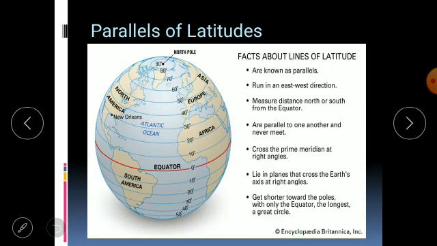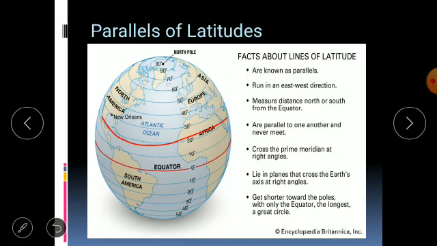Now parallels of latitudes are the imaginary lines that run from west to east. So they are called parallels of latitudes. Latitude is the angular distance of a place north or south of the equator, measured from the center of the earth.